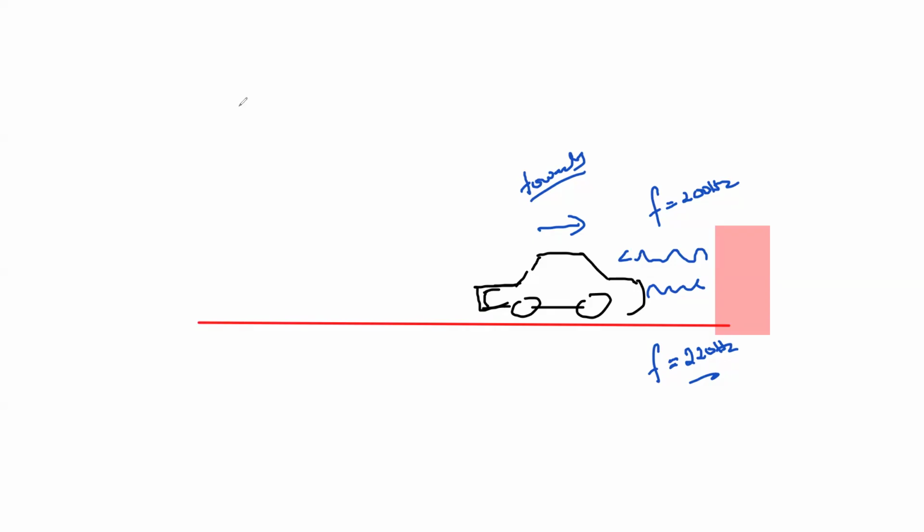As we just discussed, the observed frequency equals (v ± v0) / (v ± vs) multiplied by the source frequency. This is the formula we use for the Doppler effect.